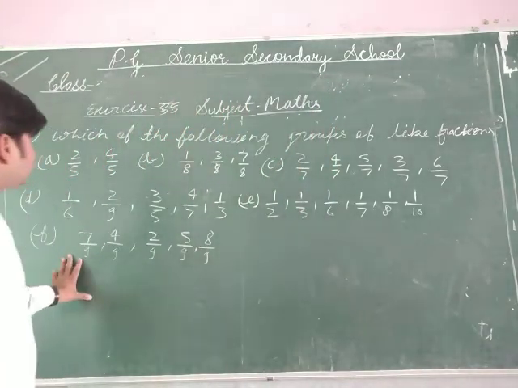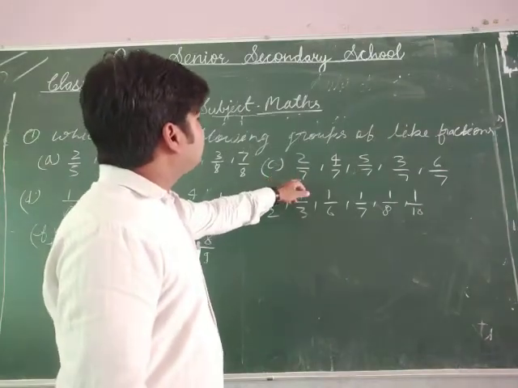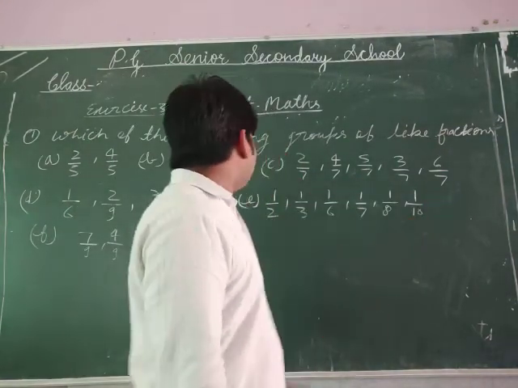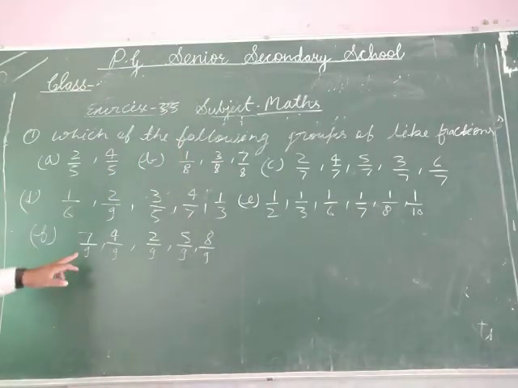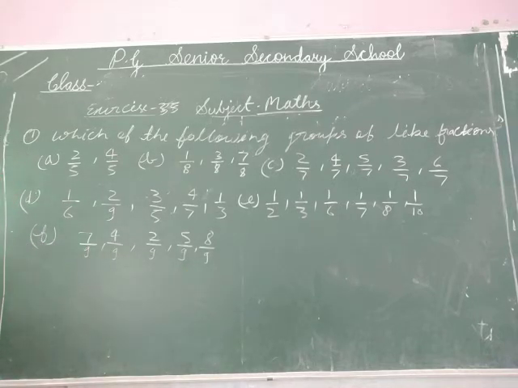So we have to see which denominators are the same. You can see in question number C, all denominators are the same, 7, 7, 7, 7, 7. And in question number F, 9, 9, 9, 9. Okay. And question number A. So you can tell that A, C and F are like fractions.